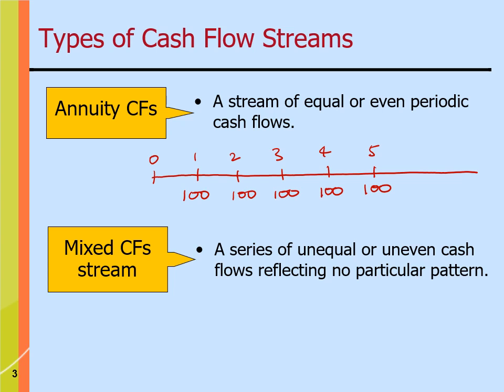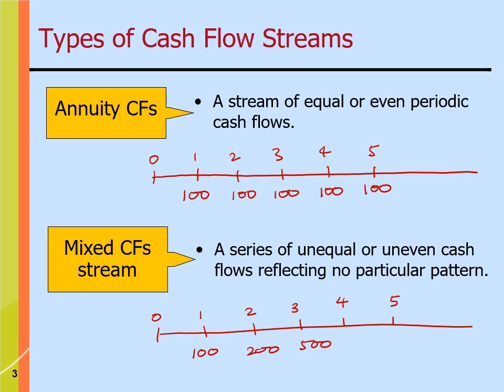And for mixed cash flows, this is a series of unequal or uneven cash flows. So in each period, you might have different cash flows, and it doesn't represent any particular pattern. Maybe in the first year 100, and then 200, and then 500. It can also be negative 100 and so on.